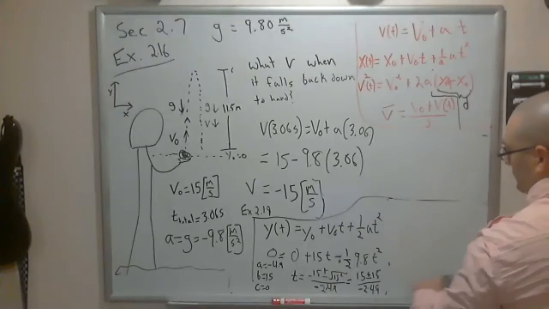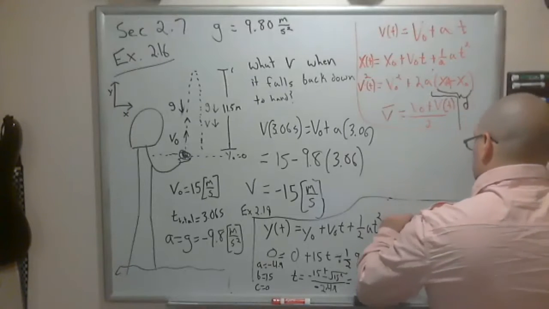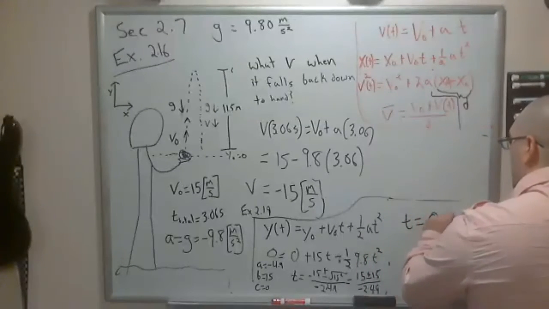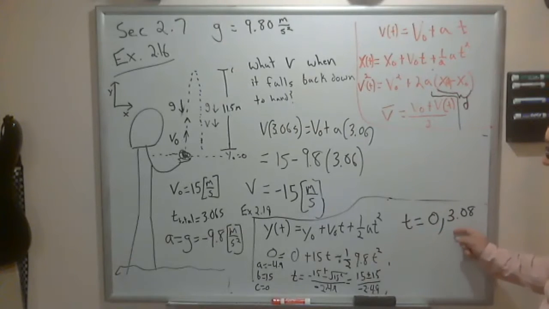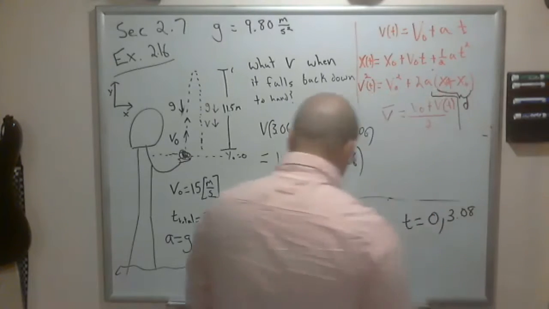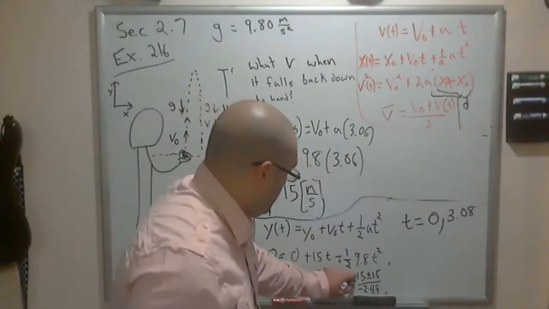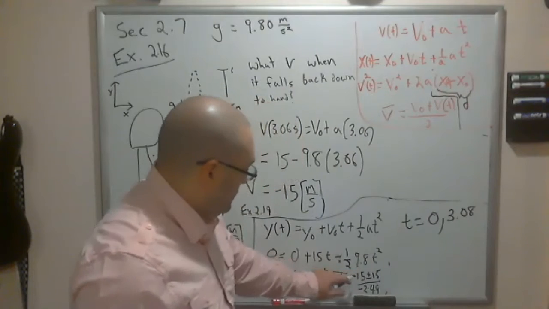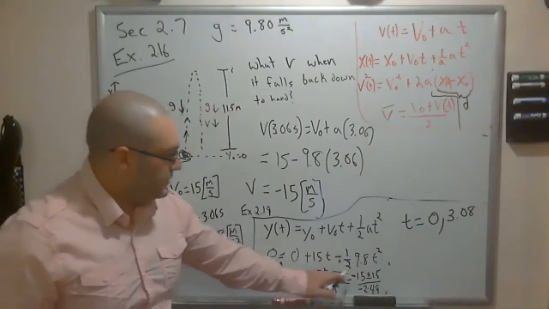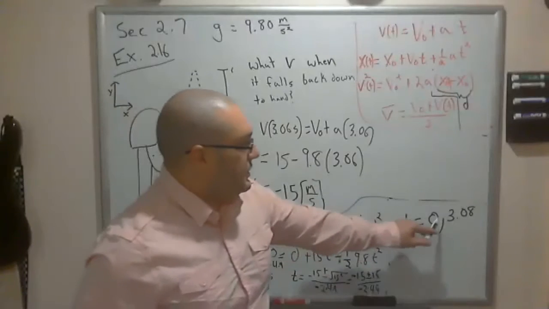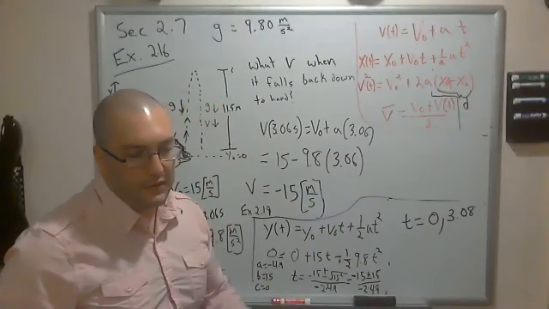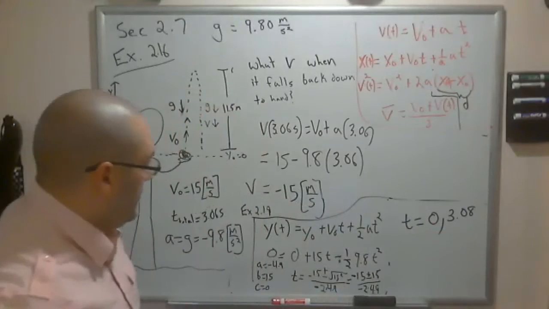So t is either equal to 0 or 3.08. Sorry. I missed the negative sign over here. So we get two solutions, 0 and 3.08. This makes sense, right?